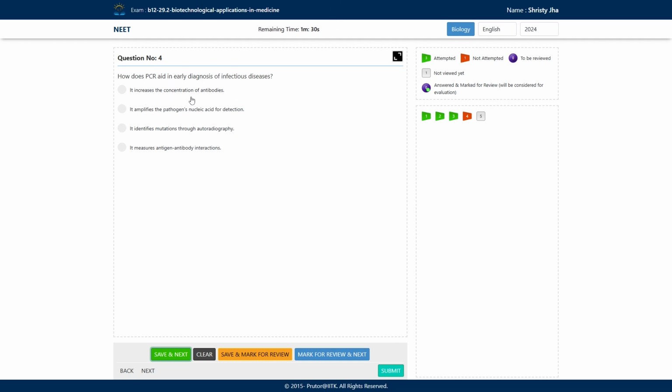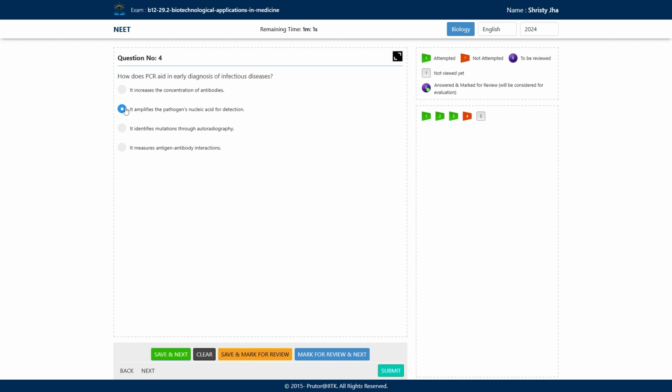First option: it increases the concentration of antibody. No, it has nothing to do with antibodies. Second: it amplifies the pathogen's nucleic acid for detection. Yes, it can do that, because we know the actual role of PCR. It multiplies the DNA, so it can multiply the pathogen's nucleic acid for detection.